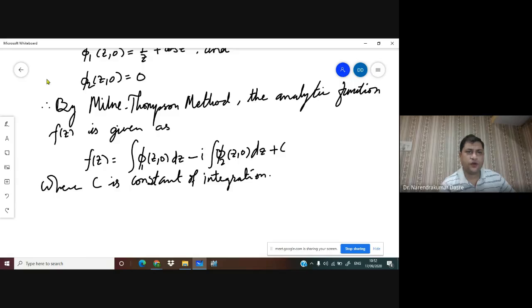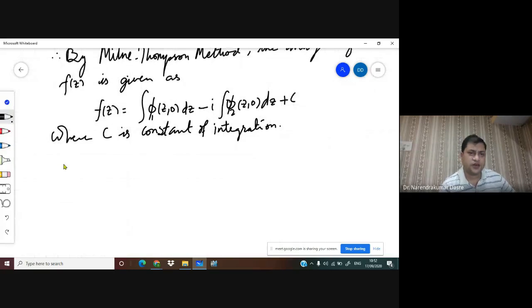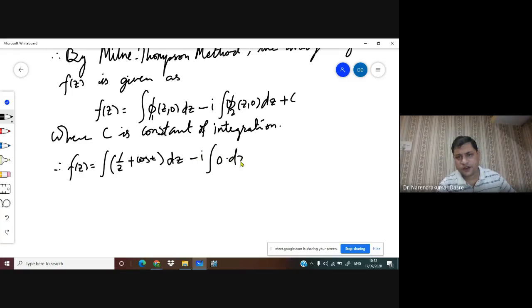Now we know what is phi 1 and phi 2. So put these values here, and hence we have f of z is equal to integral 1 upon z plus cos z dz minus i integral 0 dz plus c.